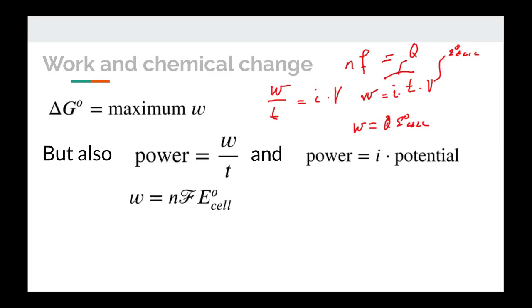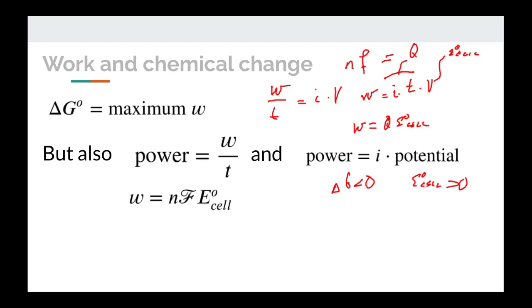Now let's think about the signs here. Delta G is less than 0 if work is available. In other words, if it's spontaneous. But also it's true that cell potential is greater than 0 if the reaction is spontaneous. So these have to be opposite signs. So we can't just say that delta G is equal to n times Faraday's constant times cell potential.